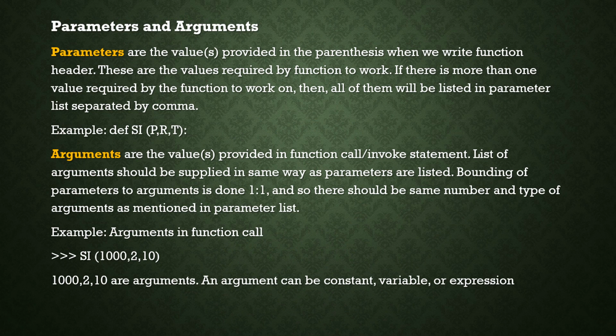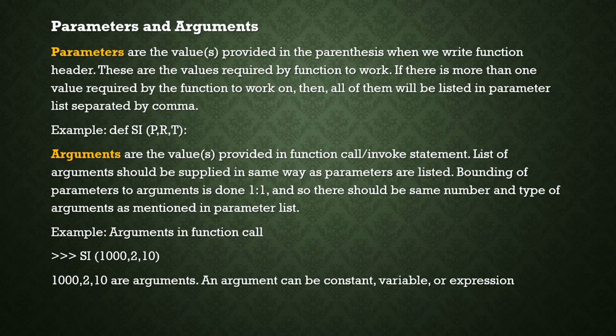Parameters are the values provided in the parenthesis when we write the function header. These are the values required by the function to work. If more than one value is required by the function, then all of them will be listed in the parameter list separated by comma.